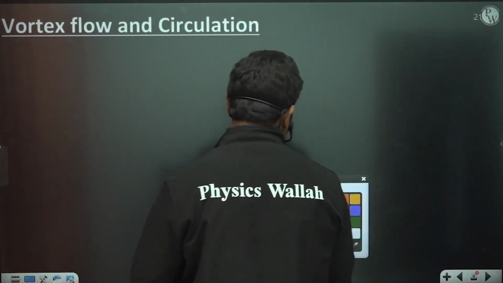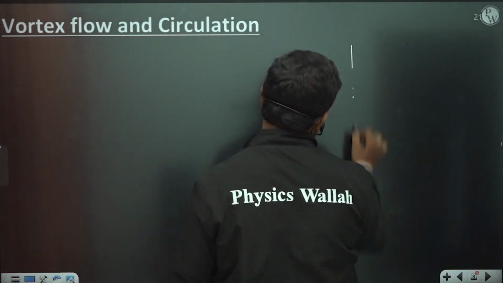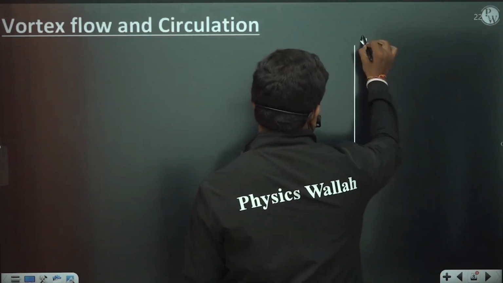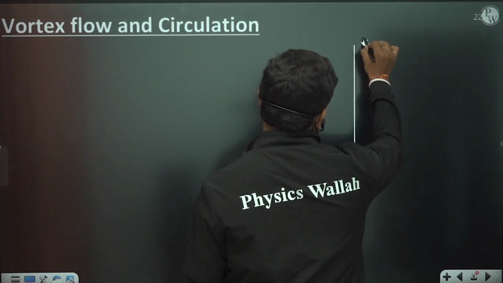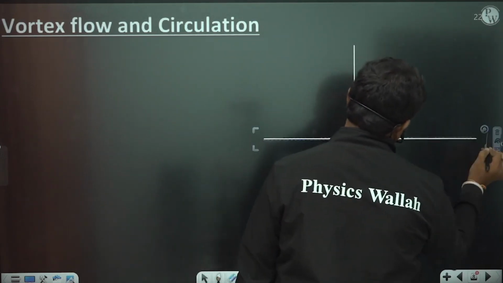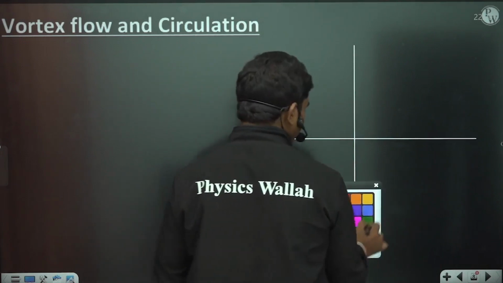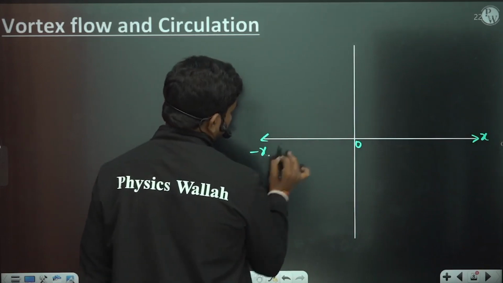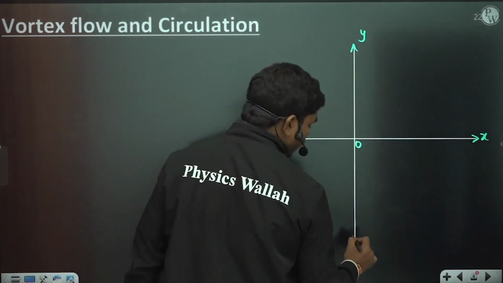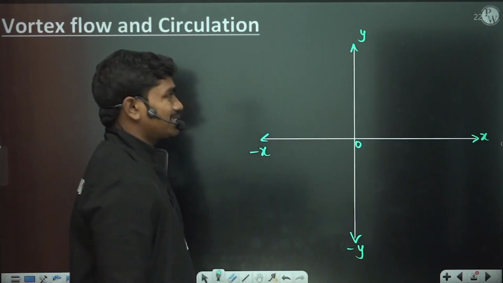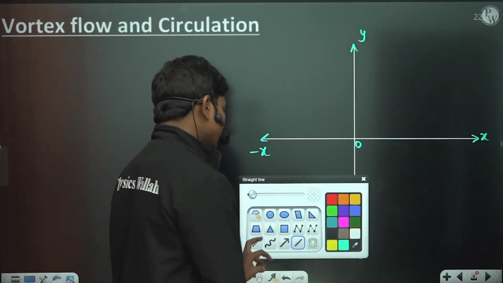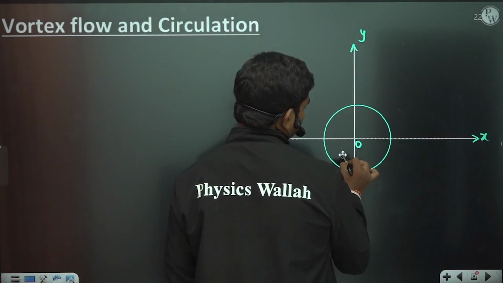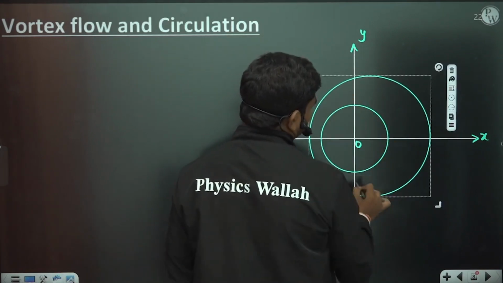For example, let us suppose you have some coordinate system. Let us suppose this is x and minus x, y and minus y. Now if you see vortex flows, let us suppose particles are revolving about circular paths.